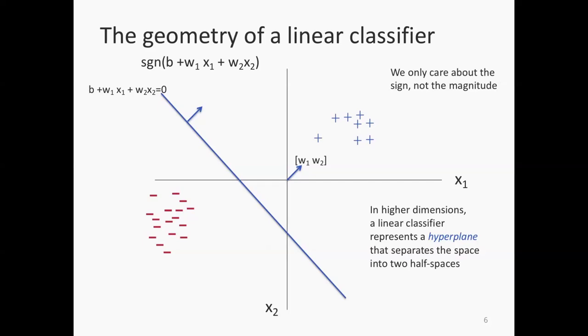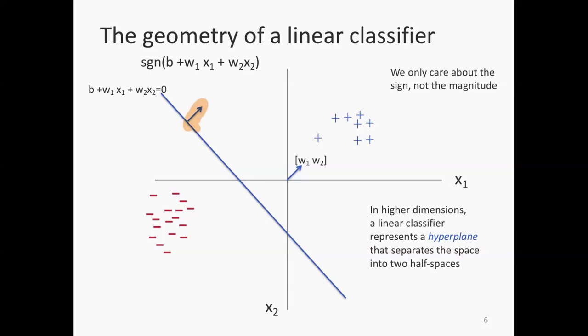The idea being there is a high dimensional space and there's a flat surface that cuts through the space and says one side is plus, the other side is minus. And the weight vector w is simply the normal to that hyperplane. It's the normal direction to the hyperplane. We've seen all this before.